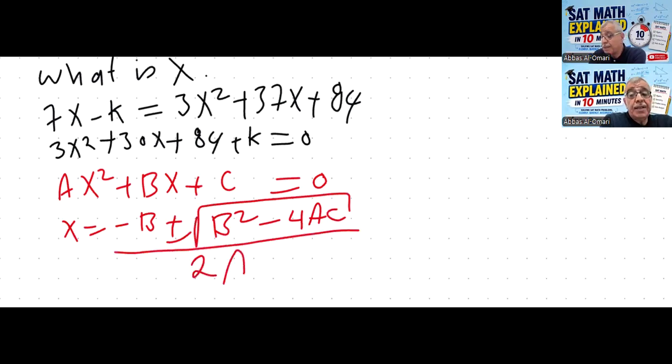Now a in this equation is the coefficient of x squared, b is the coefficient of x, and c is the constant.